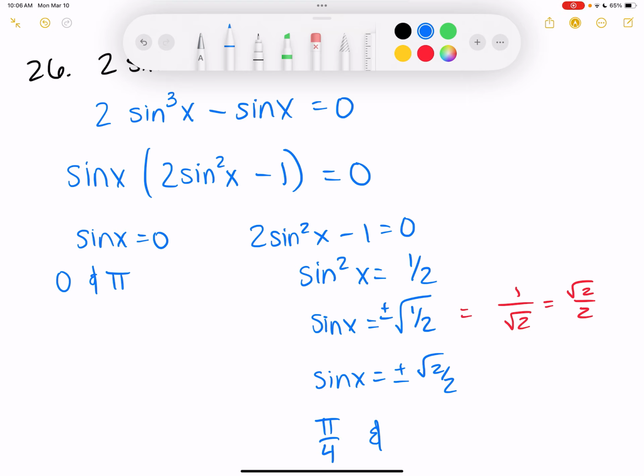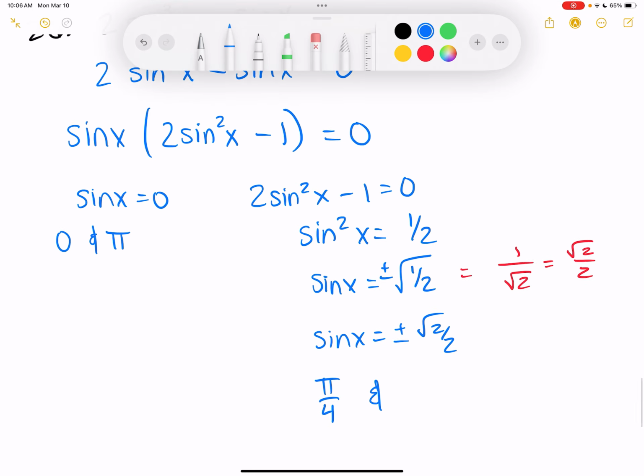Three pi over 4. Nope, that's still another positive one. 5 pi over 4. There we go.